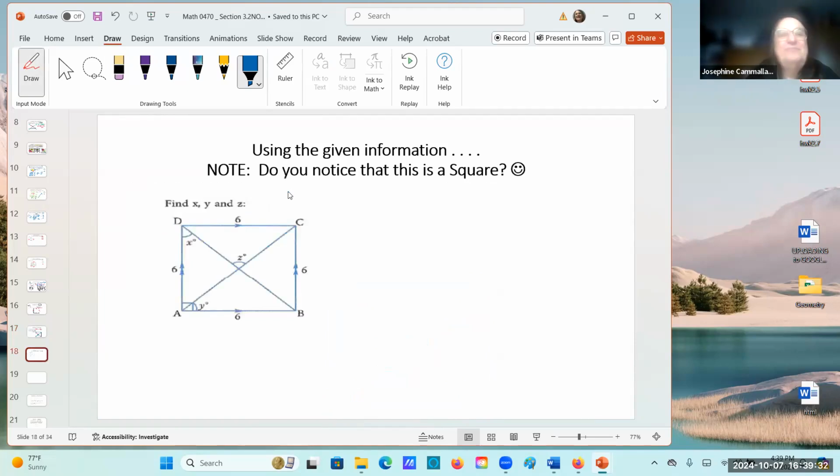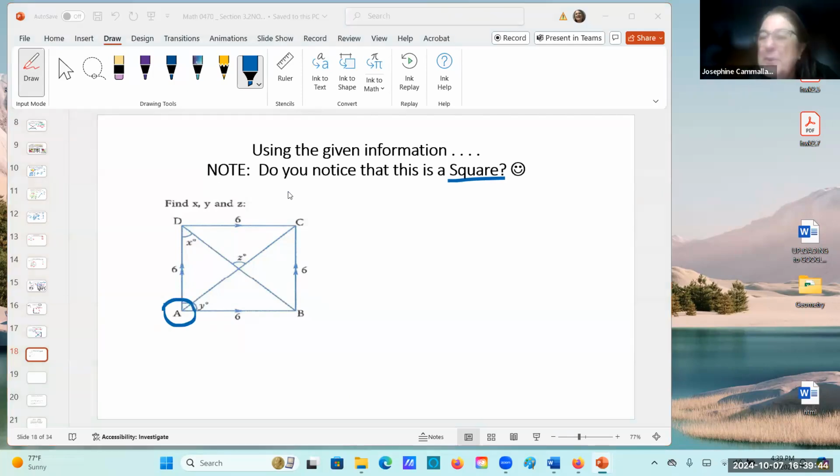Now, right away, how do I know this is a square? Look right here. Yes, Christopher, all of the lines to the center are equal, just like the rectangles.